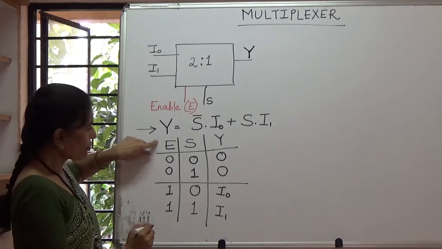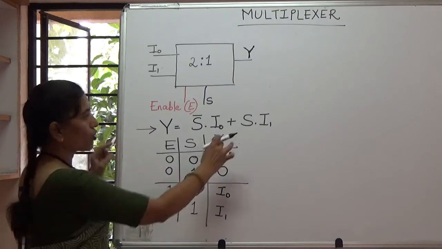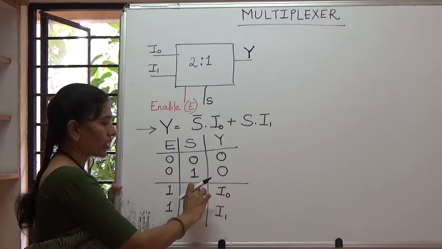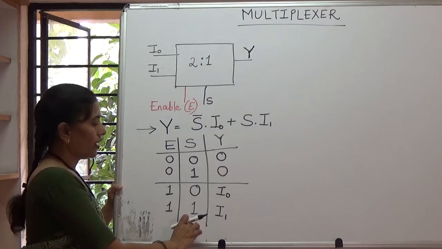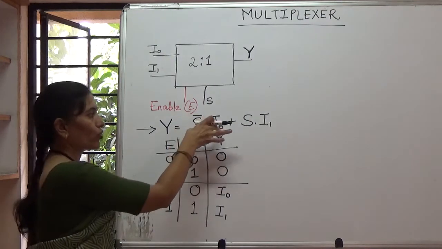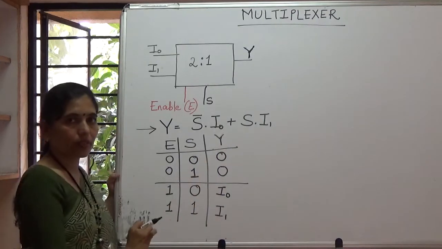So we have to implement that if E is 1, then only the output Y is equal to either I0 or I1 depending upon S being 0 or 1. So if E is 1 can be implemented by ANDing E with each of these terms.